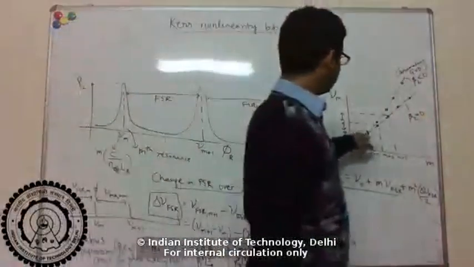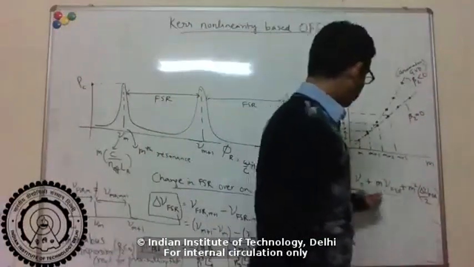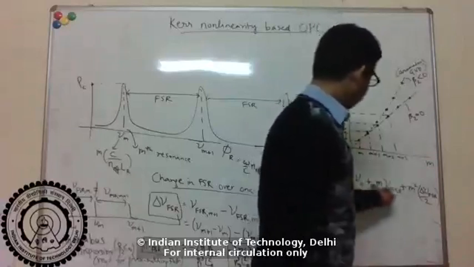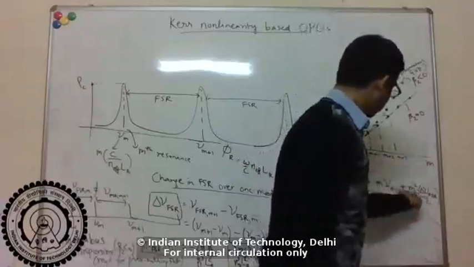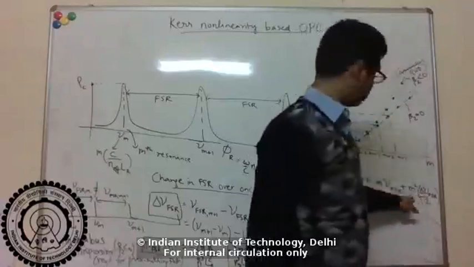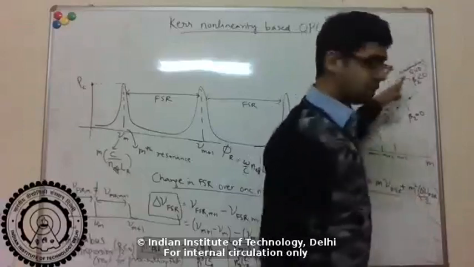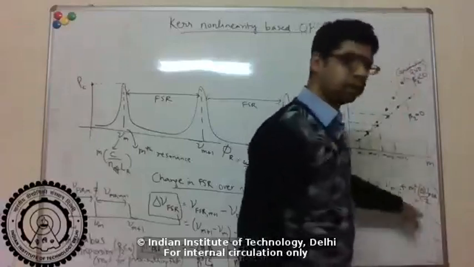In that case, the modes are not equally spaced. The mode frequency versus mode number is not a straight line, but along with the first order, it also has the second order term, which is what gives you this slight curve or parabola.